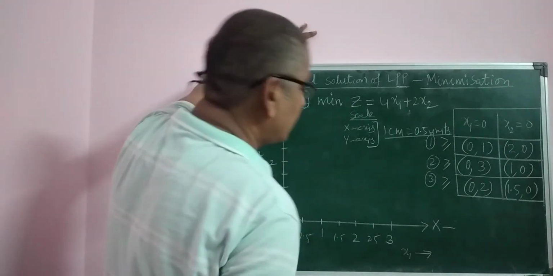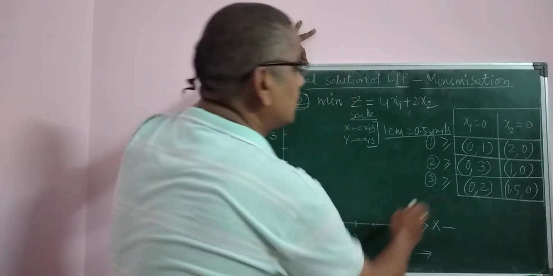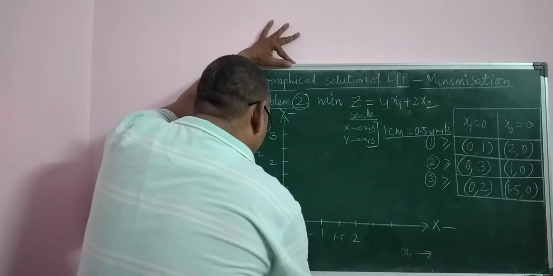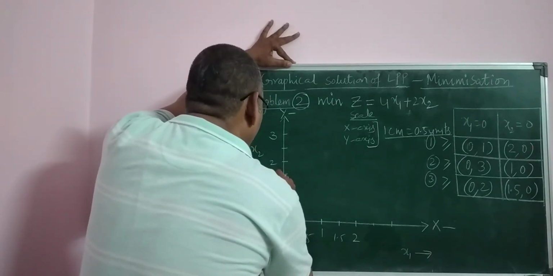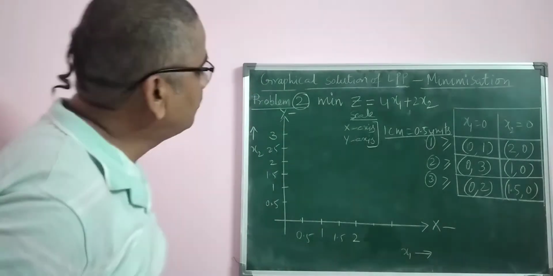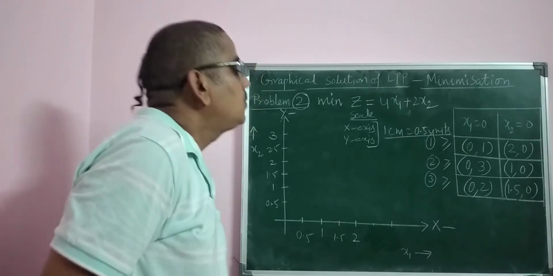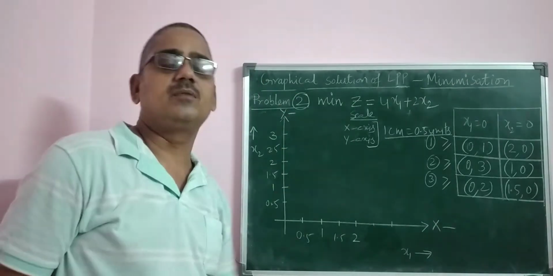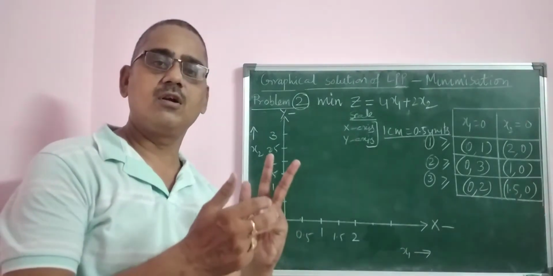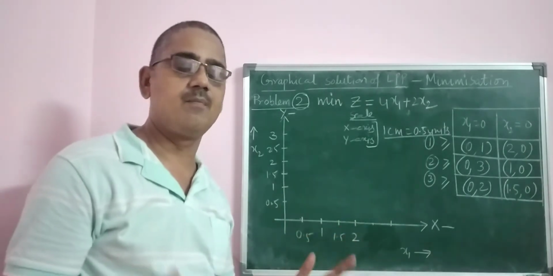On the x-axis up to 2 is enough here. On the y-axis it is 3, right? So these are the values I am considering on the x-axis and y-axis. Now you consider the 2 particular points after considering the scale, after drawing the graph on a suitable scale.